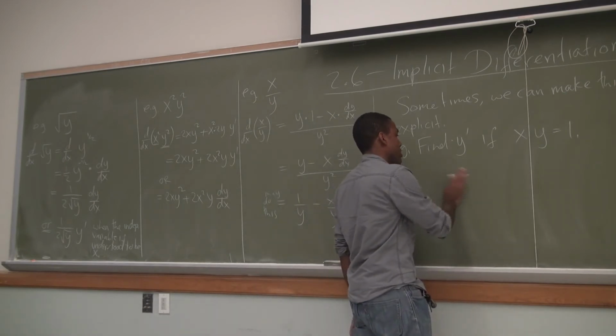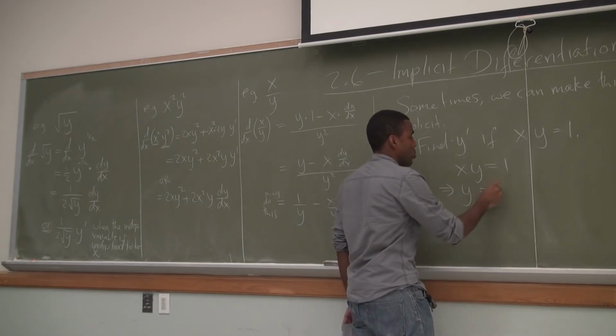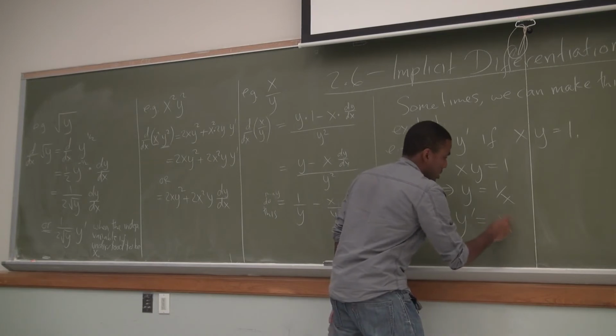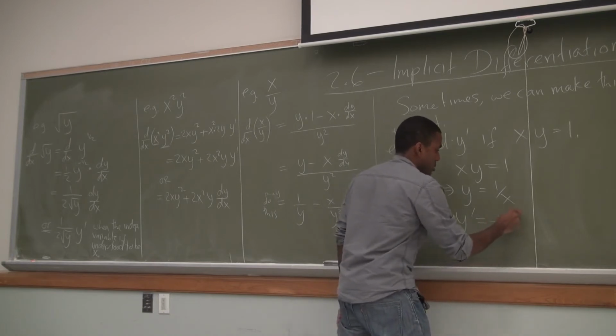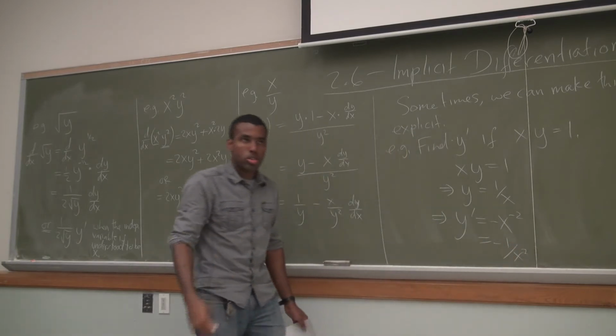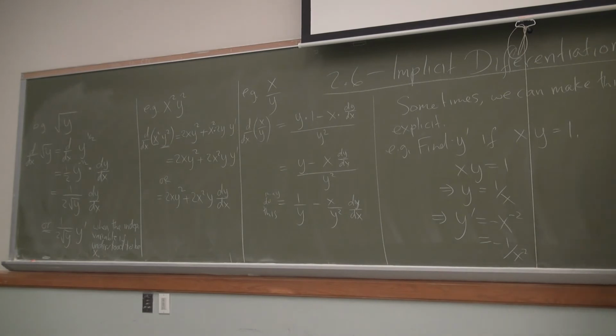We just say, if x times y equals 1, this means that y is equal to 1 over x. This means that you just find y prime directly, right? So this is what? Minus x to the minus 2, minus 1 over x squared, right? You could do that. This is done explicitly.